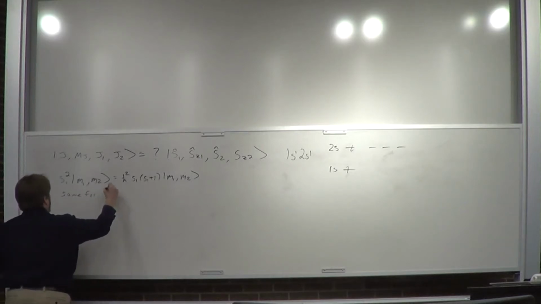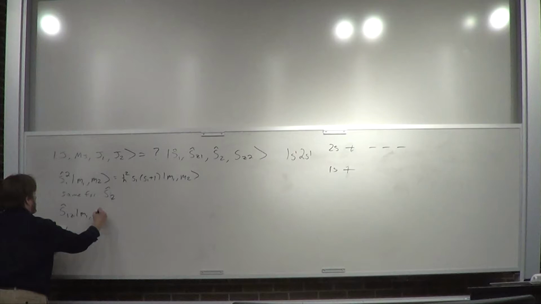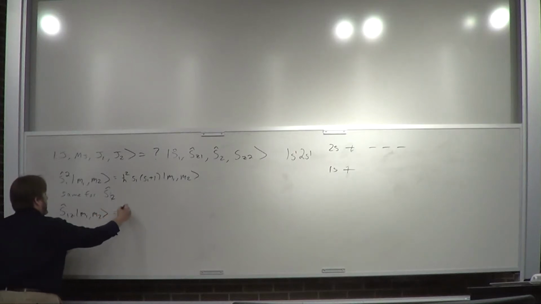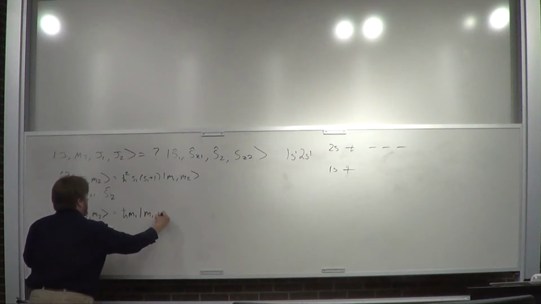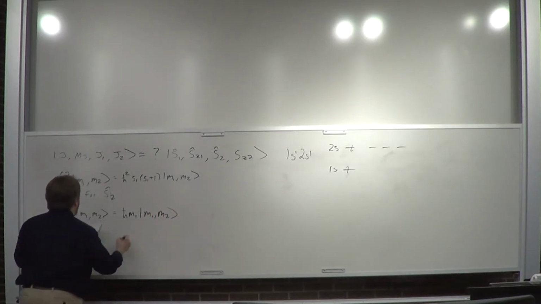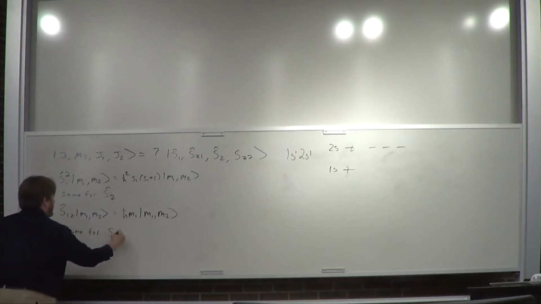Obviously, S1 and S2 are not. Then we can do S1Z on M1, M2, and of course we get H bar M1, M1, M2. And then the same for S2Z.